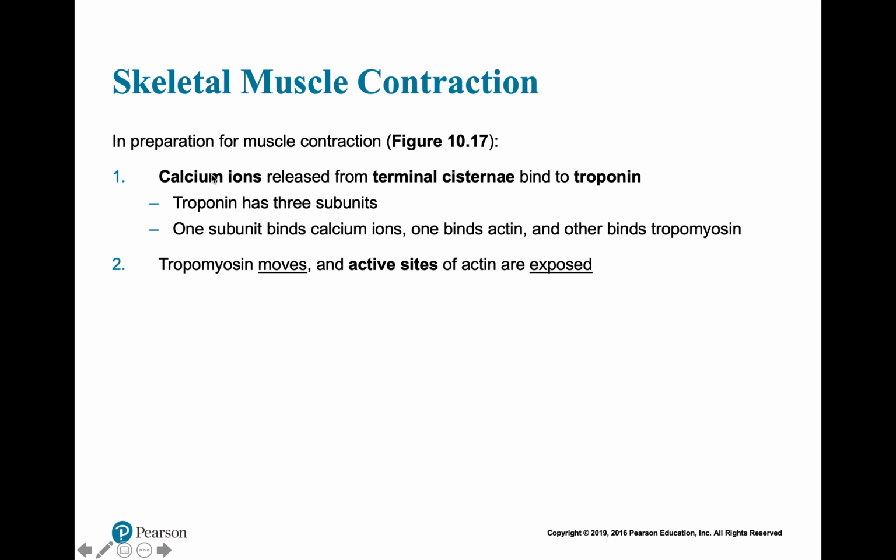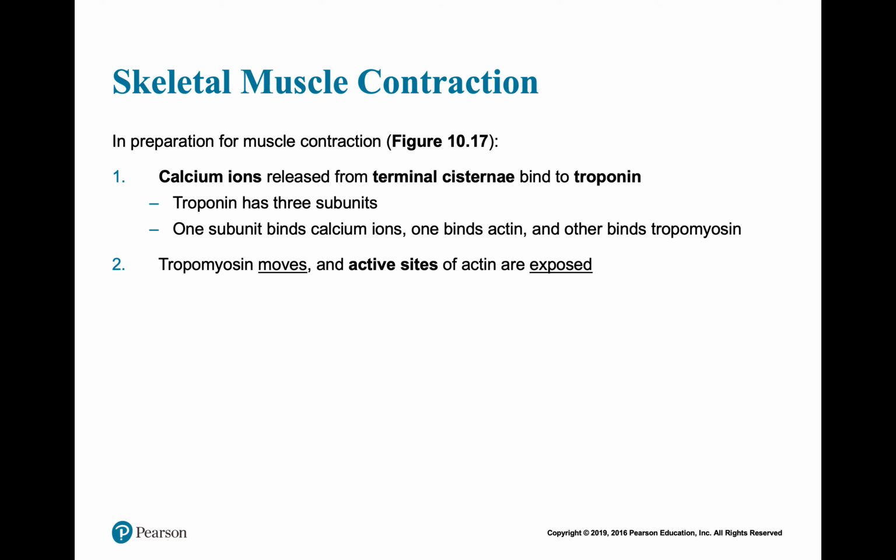And that is what is stated here. So troponin has three subunits. One subunit binds calcium, one subunit binds actin, the other subunit binds tropomyosin. When calcium gets released from the terminal cisternae, it can bind to troponin on that subunit. So calcium binds to troponin, and it causes a change in shape.